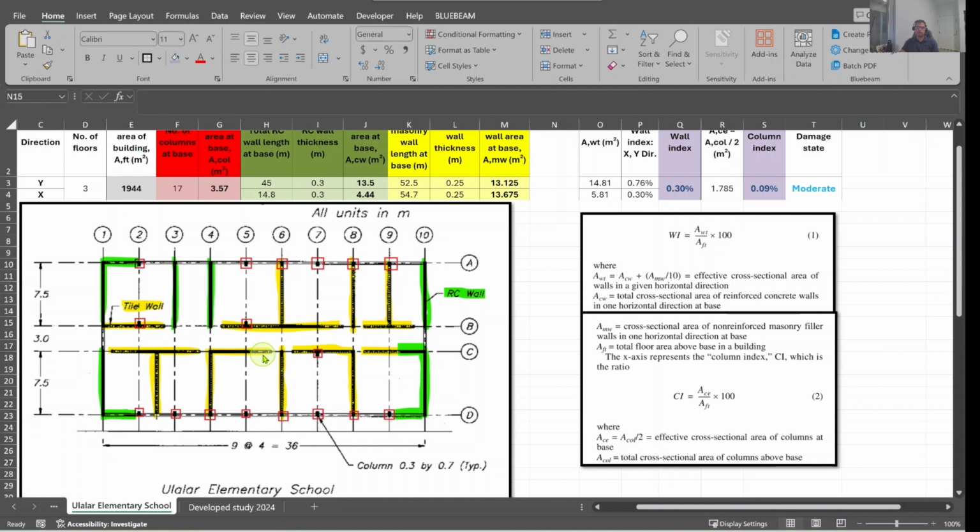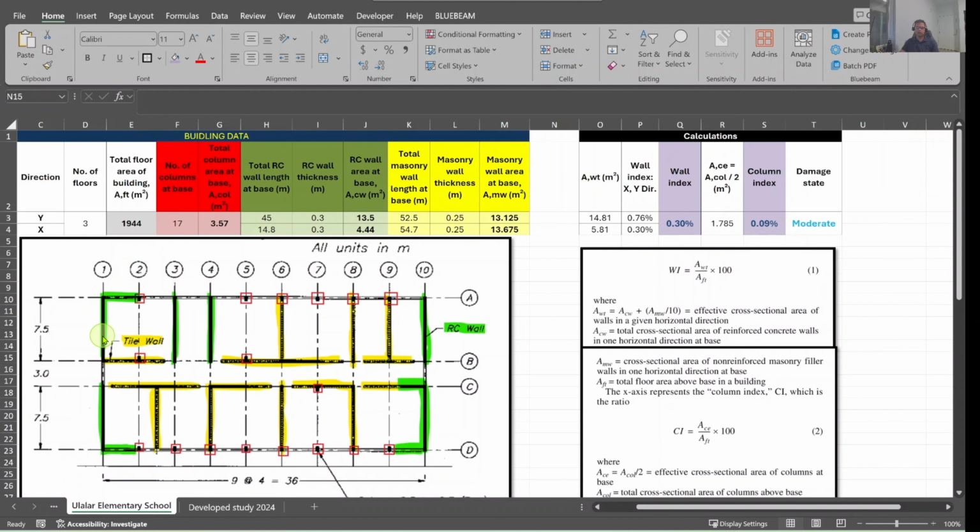The total length of RC walls in the Y direction is the sum of all green lines in that direction, which is 45 meters. Similarly, in the X direction, the total length of RC walls is 14.8 meters. Okay, and then the thickness of the RC walls is 30 centimeters.